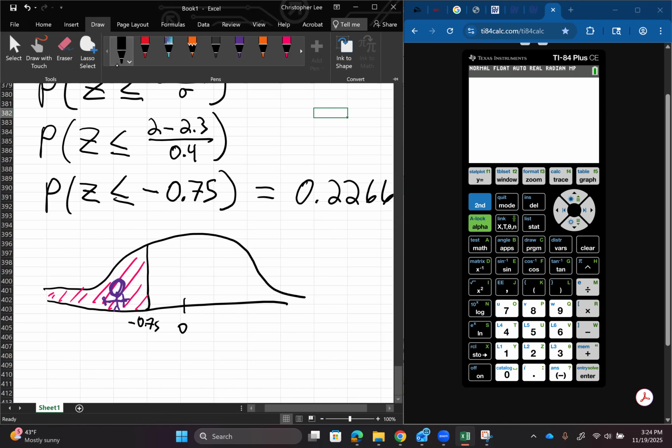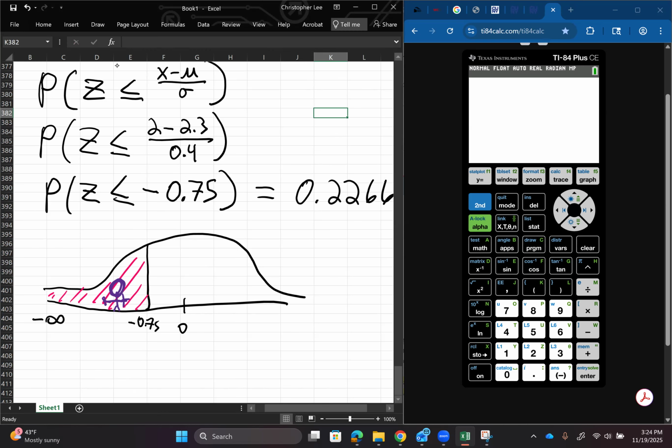Over here to the left, this is what's called negative infinity, right? Your calculator understands negative infinity as negative 1E99. If you were going to verify this answer in the calculator, you have to go to normal CDF.